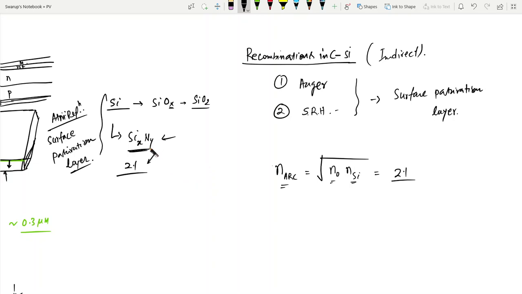Now the thickness of this ARC also, we choose in such a way that most of the light can enter inside. So there is again a calculation behind what should be the thickness of the ARC, right? Okay, so we'll just finish up that discussion also, the thickness of the ARC.